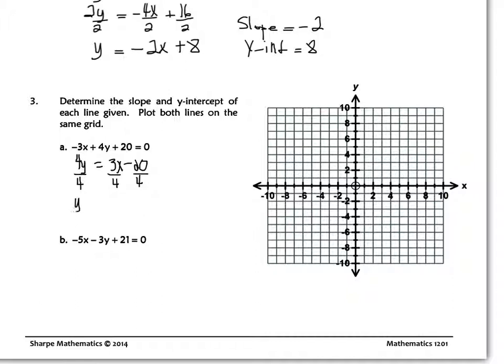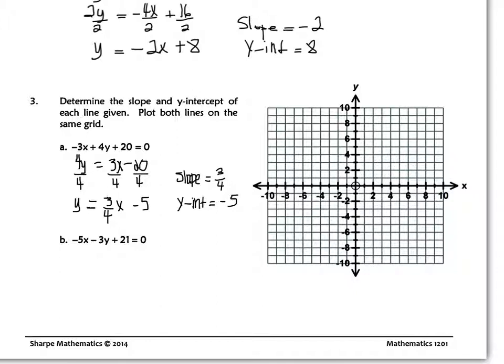So that's going to become y equals 3 over 4x minus 5. So your slope is going to be 3/4, and your y-intercept is going to be negative 5.